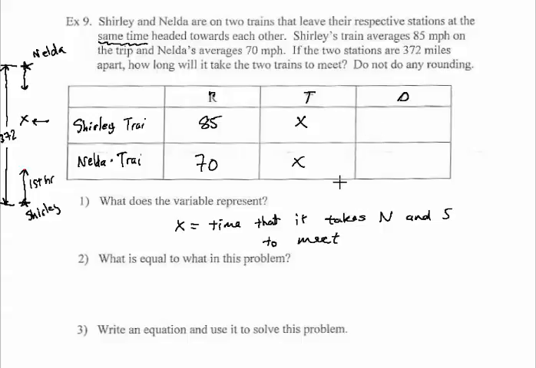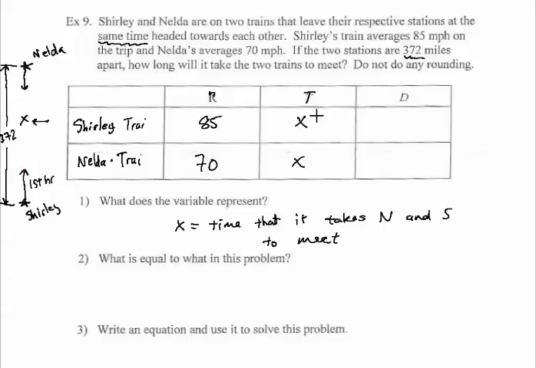Okay. Now for the distance, notice that we're not going to put 372 here or here. This 372 miles is traveled by both Shirley and Nelda, so we can't put it in one row or the other.